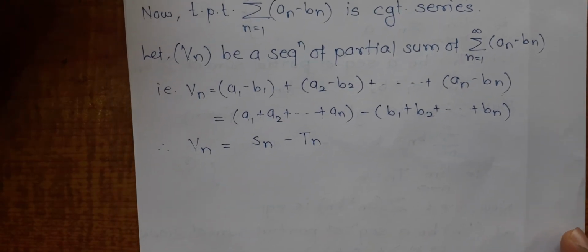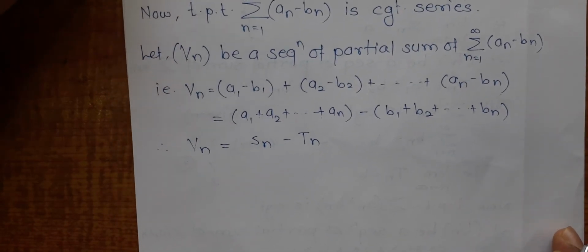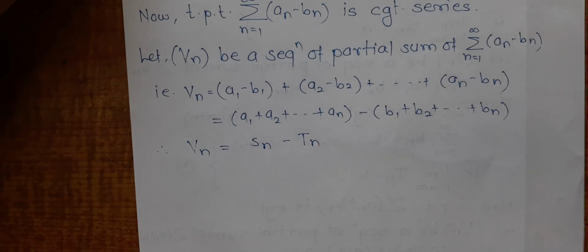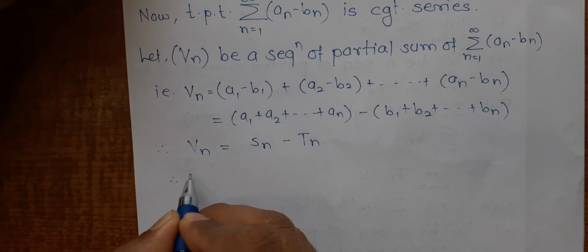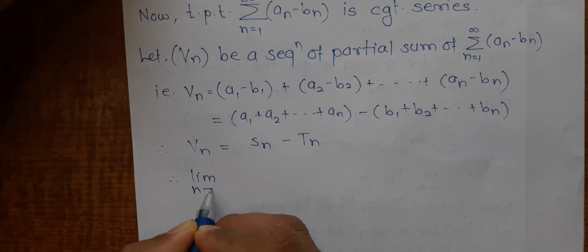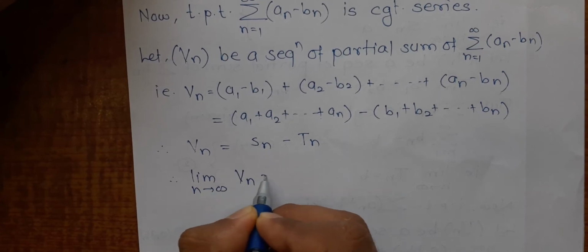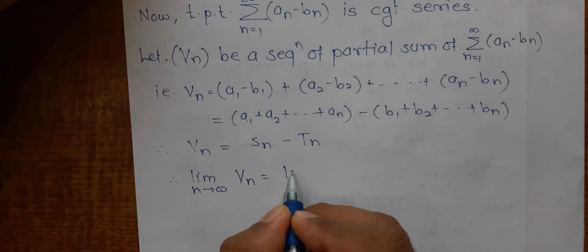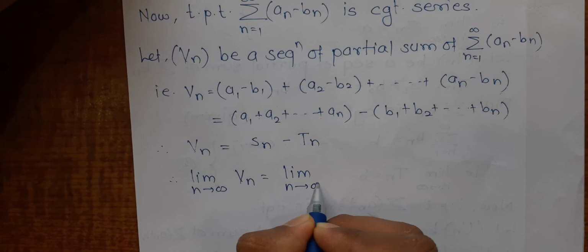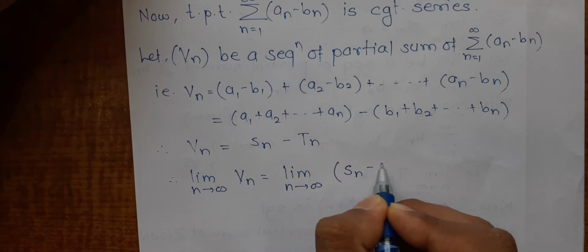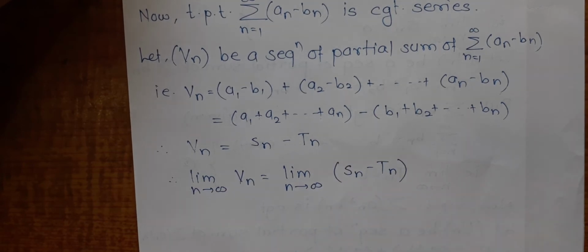Can you guess what I'm going to do? Yes, obviously the same thing which we have already seen in the last sub question. So I will take the limit of both sides. Limit as n tends to infinity of V_n is equal to limit as n tends to infinity of (S_n minus T_n). After that I will take separate limits.